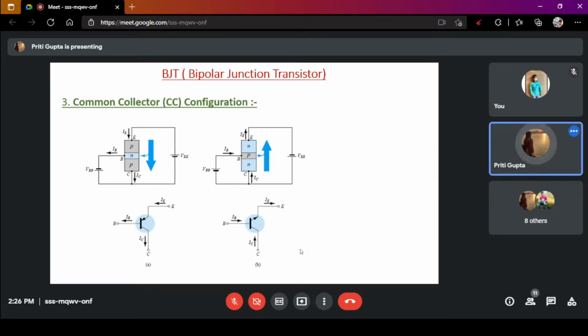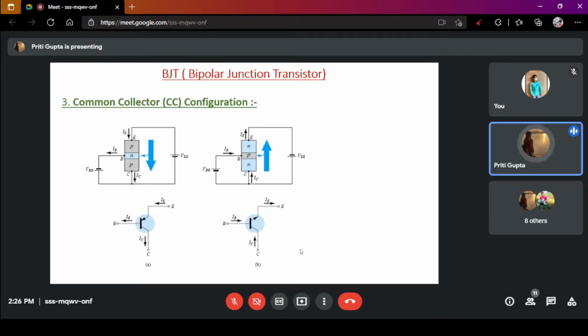So write down in common collector configuration or in CC configuration. In which terminal will we apply the input?